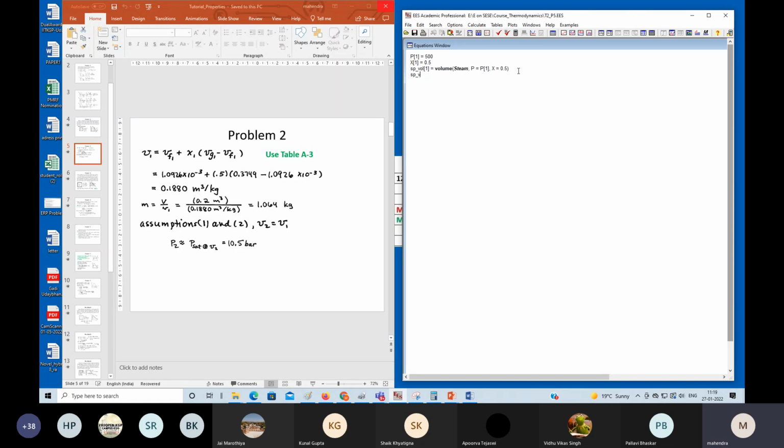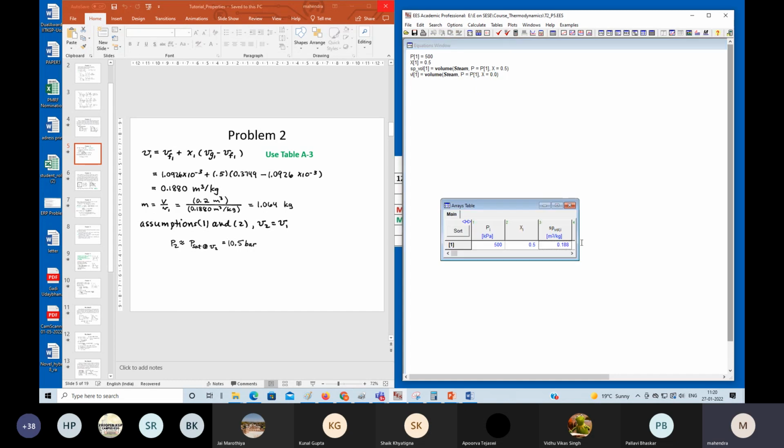Otherwise you can simply say VL, volume, I'm taking it. This is 0, means saturated liquid. This thing we have obtained.